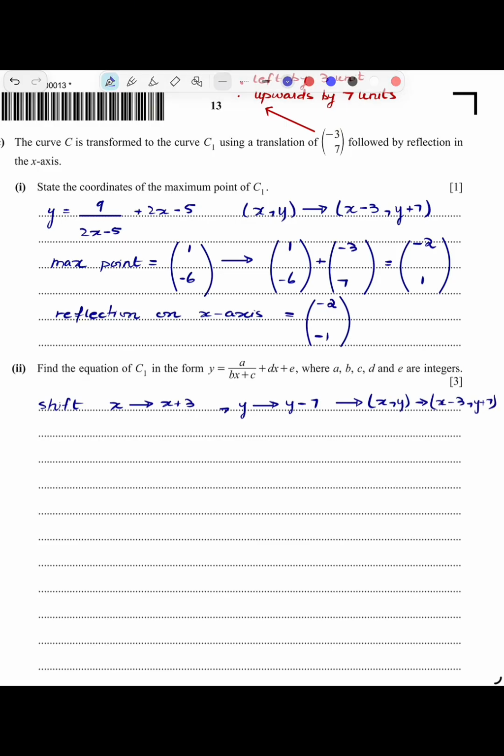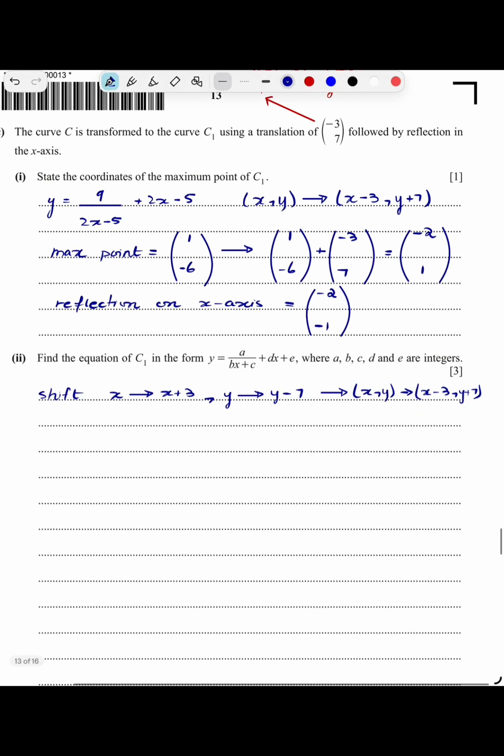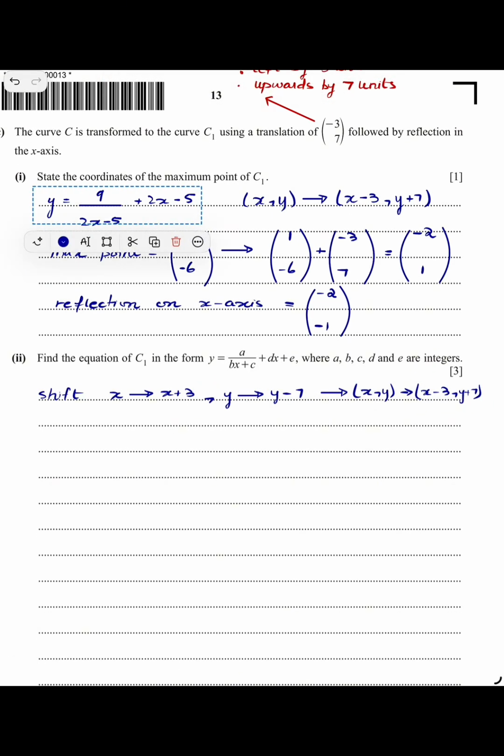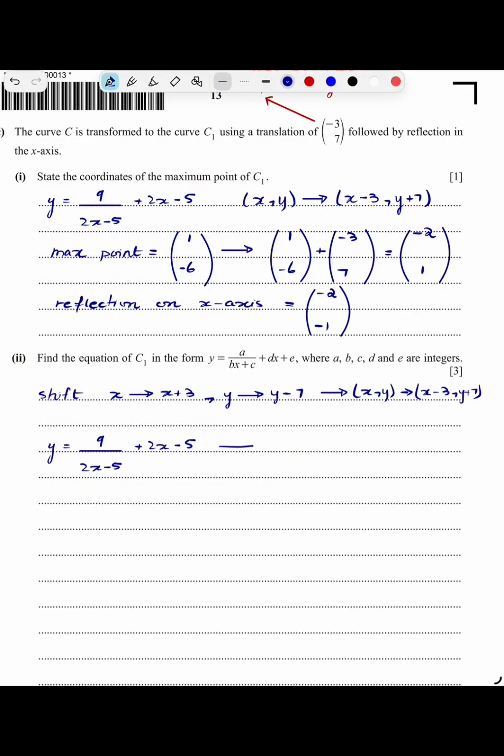So let's try to do this first step. This was c, so I have to replace the y by a y minus 7, and I have to replace an x by an x plus 3.